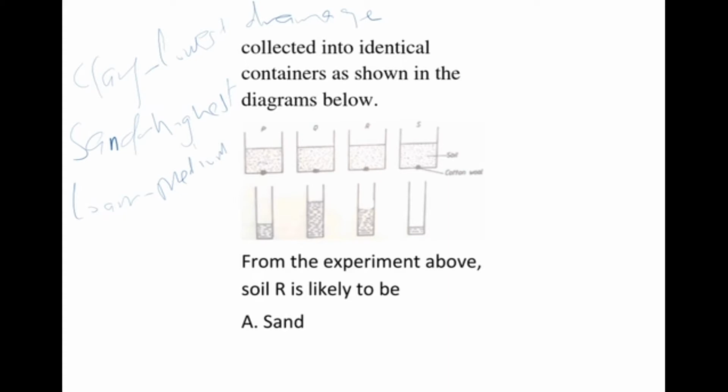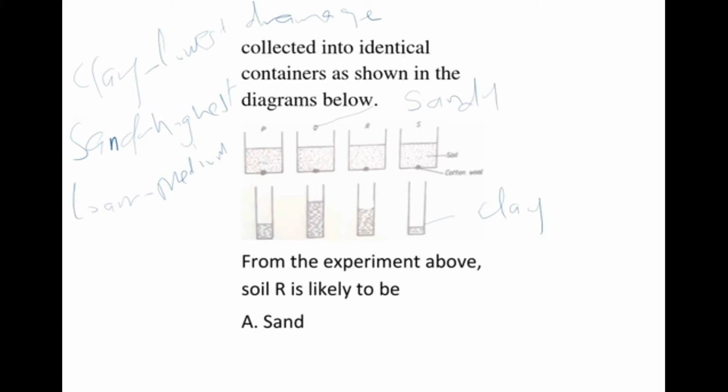Therefore, looking at the amount of water that passed through, we can determine which type of soil was R. Looking at S, it allowed very little amount of water to pass through, so most of the water was retained. So soil S is likely to be clay soil. Then we have soil Q, which allowed more water to pass through, so the soil was likely to be sandy soil.